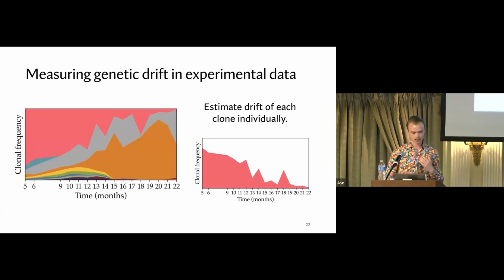The first is that I think it is very interesting to see whether we get similar estimates for all of the different clones, or if there is a lot of variance in the drift rates that are predicted. And second is for computational reasons. There's a lot of difficulty in computing likelihoods with a ton of clones at once, as that causes an exponential increase in the number of states I have to consider.